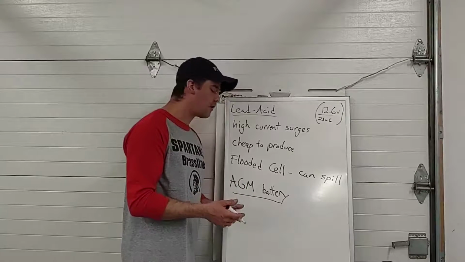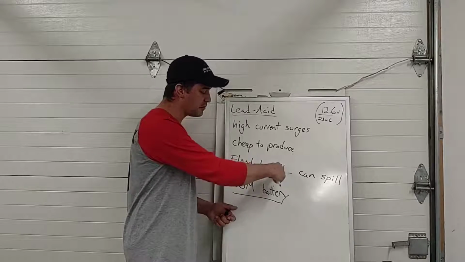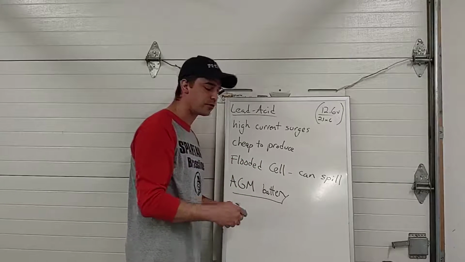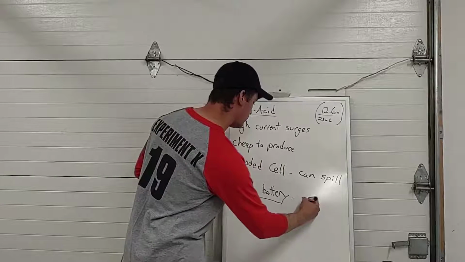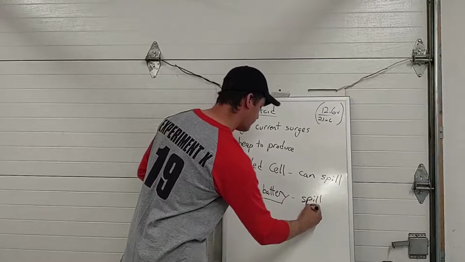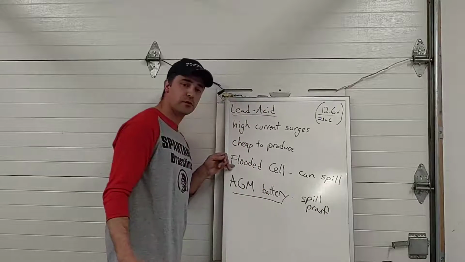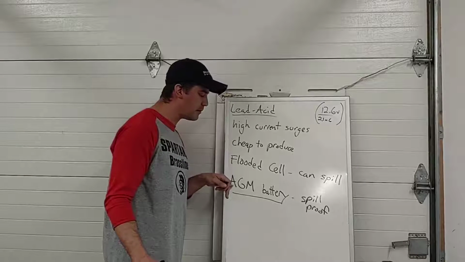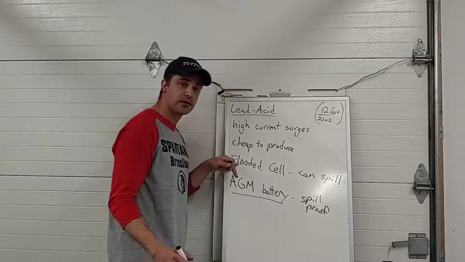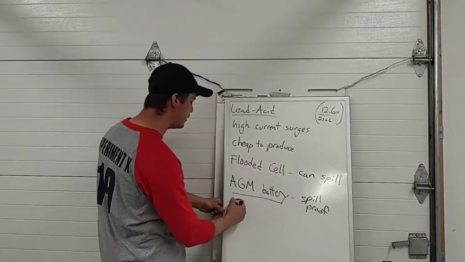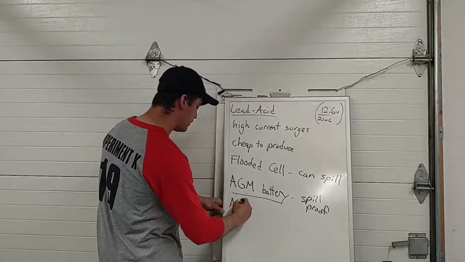They don't off-gas when they're charging like a regular flooded cell does. And again, we'll talk more about this later on. So this one is spill-proof, but otherwise pretty similar to a flooded cell. There are some AGM batteries that can actually produce a little more current than an equivalent flooded cell. So we're going to write down here, absorbed glass mat.